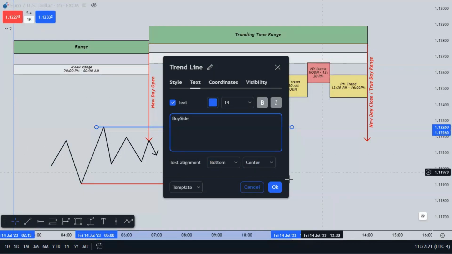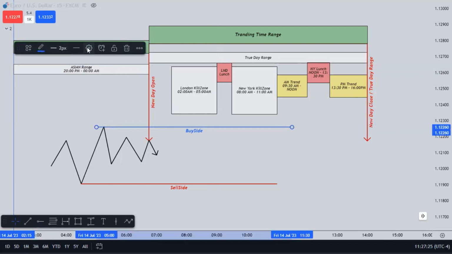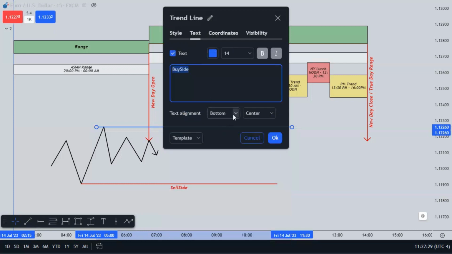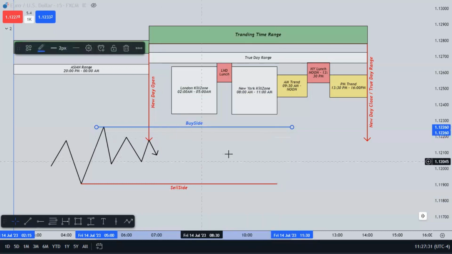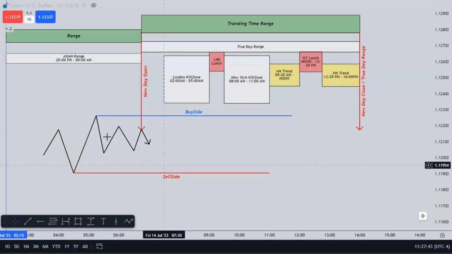So in other words, when you're looking for the highest probability or the highest chance of reaction in price, we're going to be utilizing highs and lows, or buy side and sell side, or sell stops and buy stops that are within this time range. In other words, we can get a low that's presented in London kill zone to trade the AM trend price when doing futures.